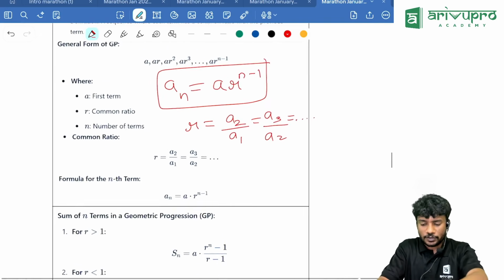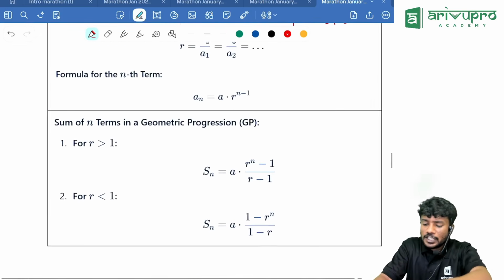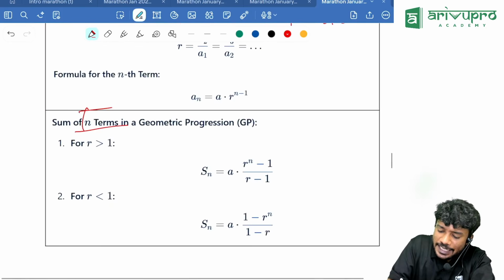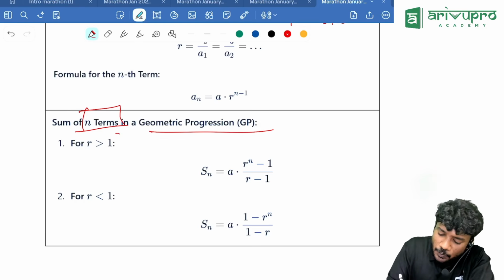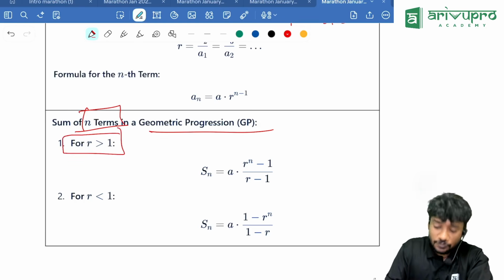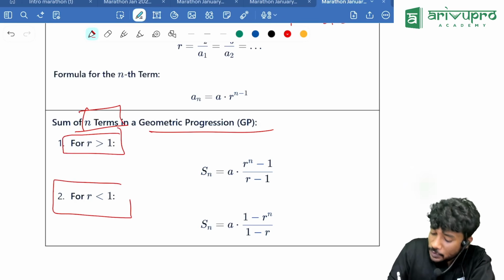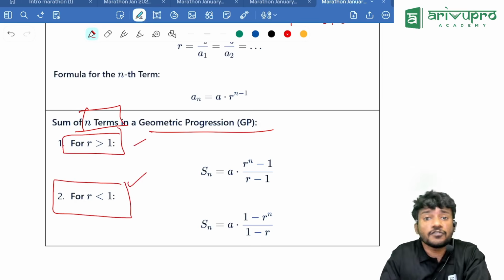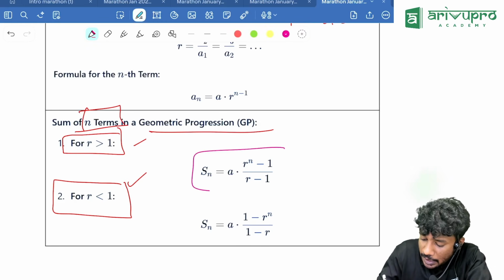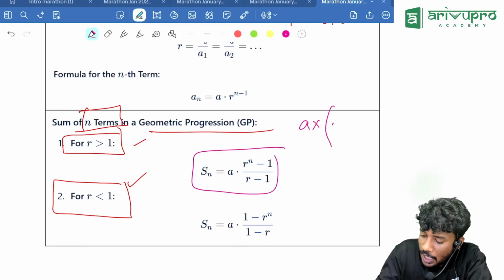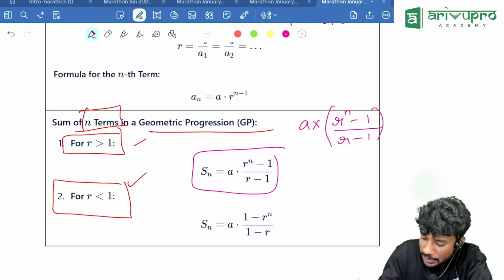Now, we need to know the sum of n terms of a GP. When the R value is greater than 1, we have one formula. When the R value is less than 1, we have another formula. When R is greater than 1, the formula is A into R raised to n minus 1, divided by R minus 1.